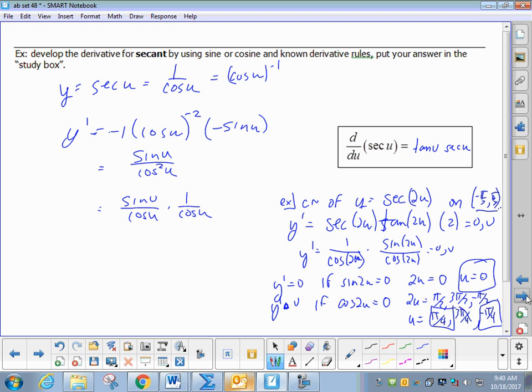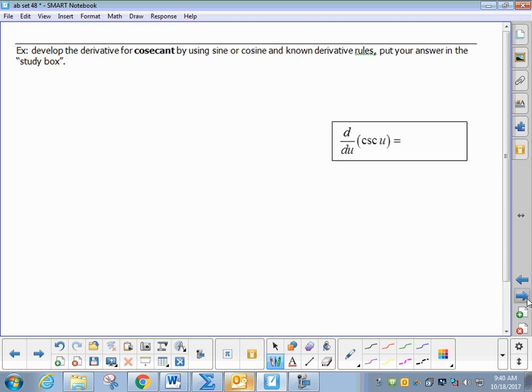Okay. Let's go to the last. Same kind of idea. You could take the derivative of 1 over sine and get the derivative of cosecant, which is negative cosecant cotangent. Hey, I don't know if you noticed, but the derivative of every one that starts with a c is negative.